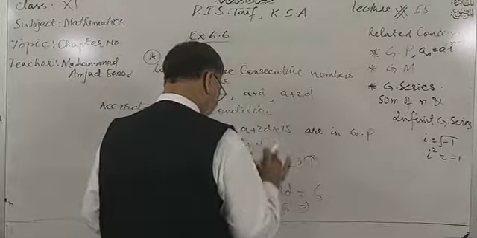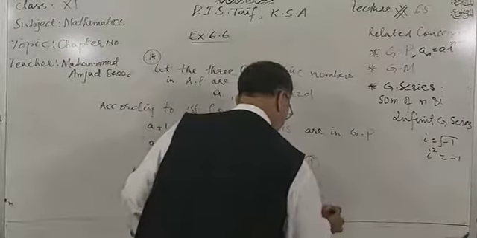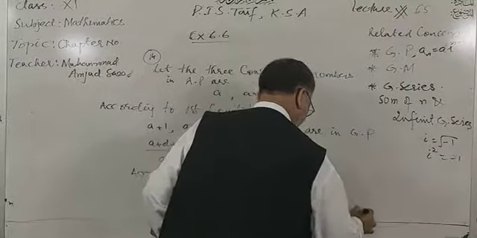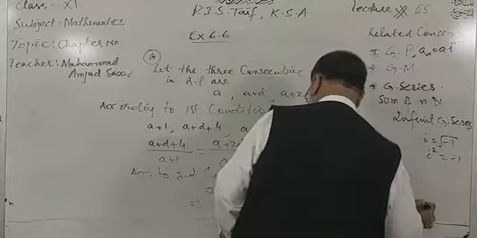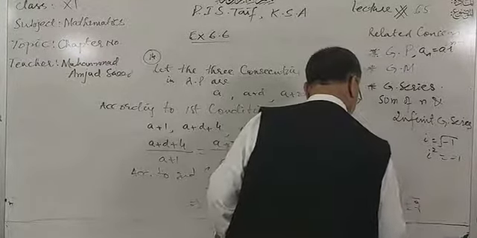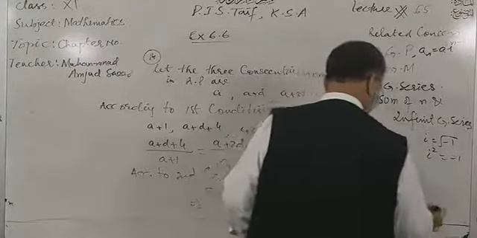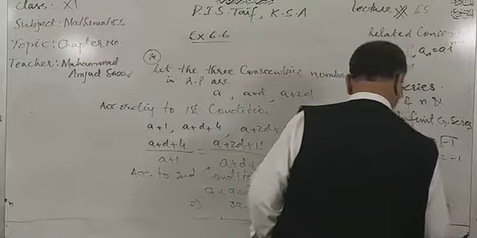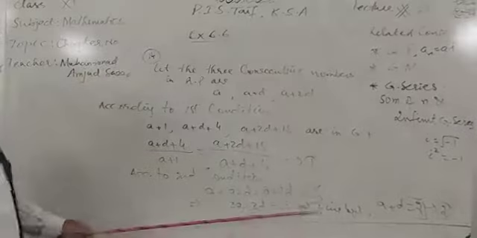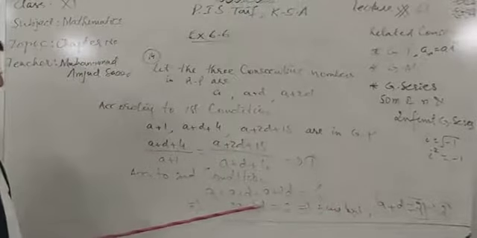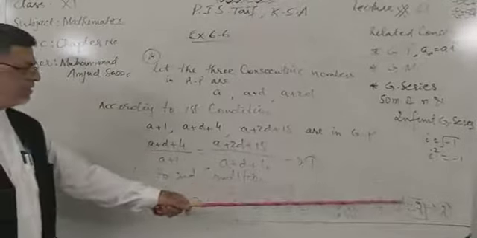Dividing throughout by 3, we are left with A plus D is equal to 2. This can be taken as equation number 2.